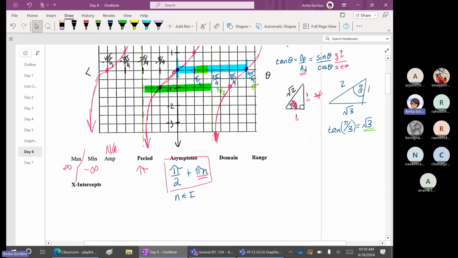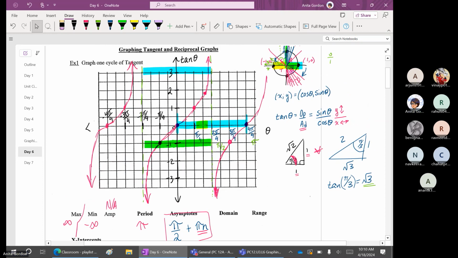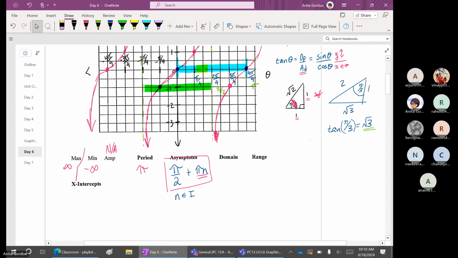What about the domain? This one has a restriction. Where is tangent allowed to be? We're going to focus on just the main branch, and how do I write the domain? What are the allowable x values? It has to be between the asymptotes.